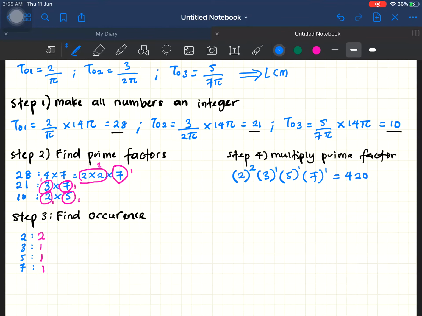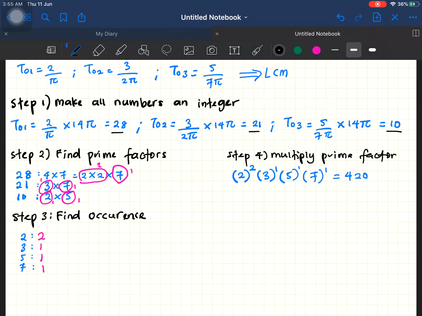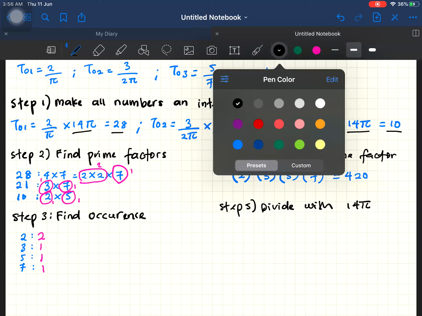Okay, but however, this number is not yet your fundamental period. Okay, because remember in step 1 you multiplied each number with 14 pi. Okay, so the next step will be to divide with 14 pi, in order for you to get T0.